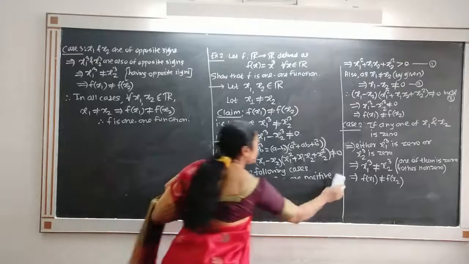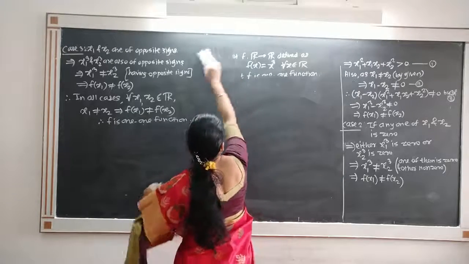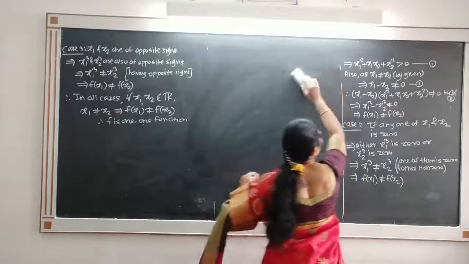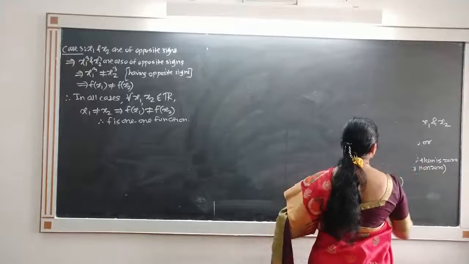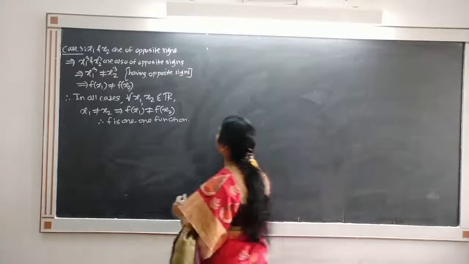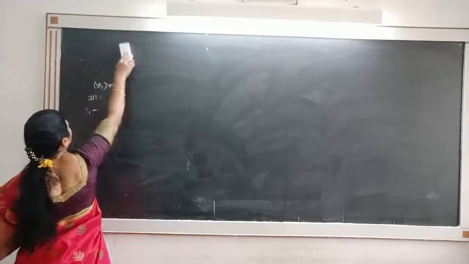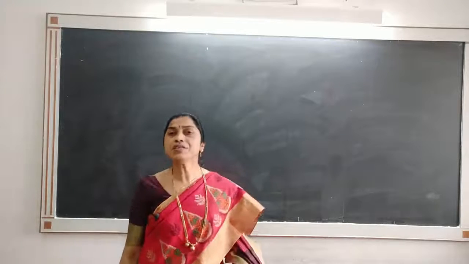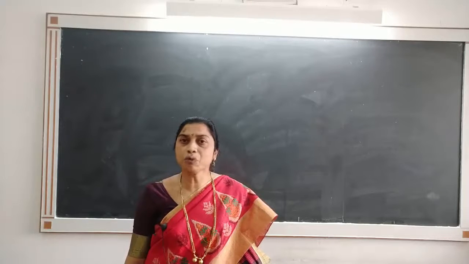Now this is the definition, that a function f is 1-1 if for all x1, x2 in the domain X, x1 not equal to x2 implies that f of x1 is not equal to f of x2. Then we say that the function is 1-1. But from logic we know that every statement is equivalent to its contrapositive.